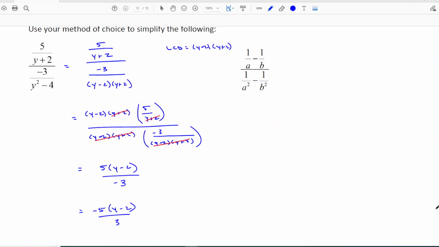All right, next one. Lowest common denominator would be a squared b squared. So I'm just going to show you what I really do. I just go like this, if you have the question written down.